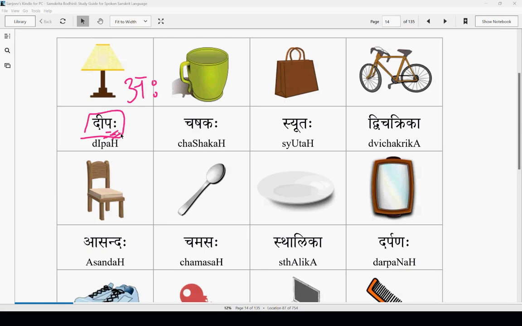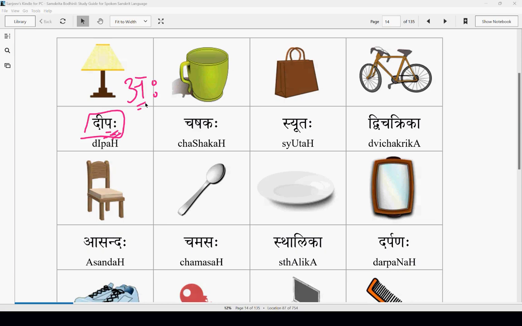Visarga comes, and before that Visarga there is a, Deepa. Such words which are in Ekavachanam and sound like this are generally in Pullingam. Not always, but just for now you take this as Pullingam and Ekavachanam.